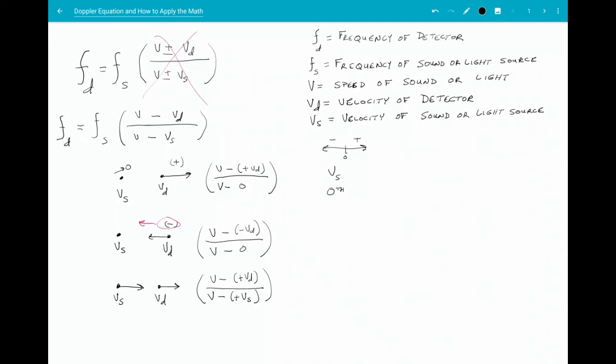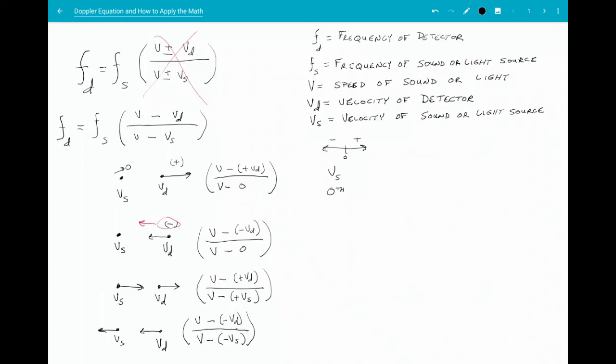And check this out: if we were to go to the left with v sub s and v sub d, then it's v minus a minus v sub d, over v minus a minus v sub s. And it still works out. In this case, the source is moving to the left, in a completely different direction.